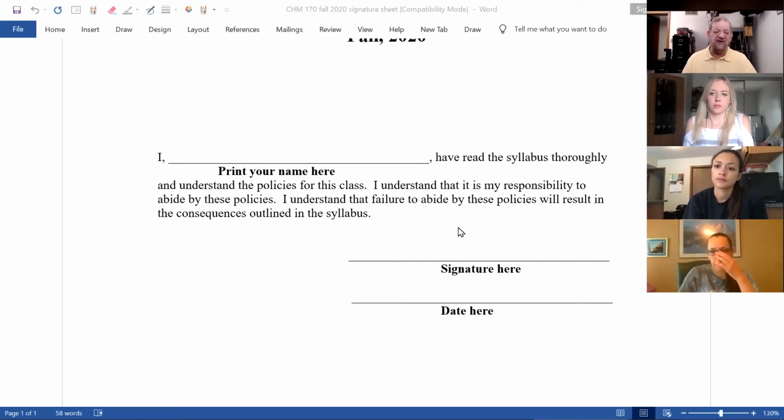This is a standard contract I do every semester, every class I teach, wherever I teach now. And what I probably forgot to mention, but it's in the syllabus, if I don't have this by the first test, you can't take it.